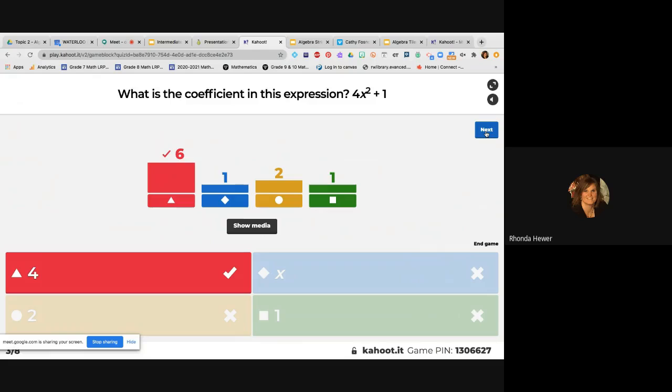The coefficient is also known as the multiplier. It's also known as the rate of change, and it is the number that is connected to a variable through multiplication. It could be a fraction, it could be an integer. In this case, it's 4. A coefficient isn't actually in the curriculum expectations, but it will come up as you are talking to students about algebra. So the coefficient in this one is 4.